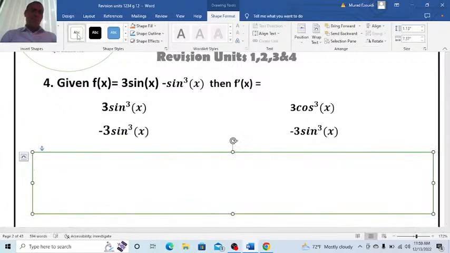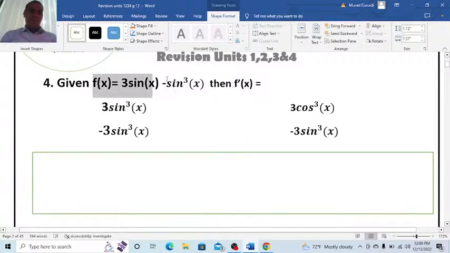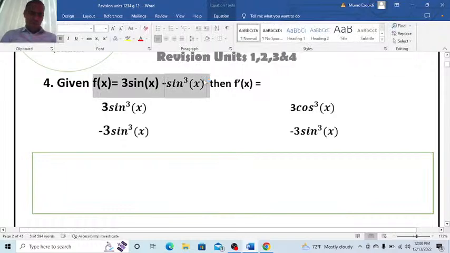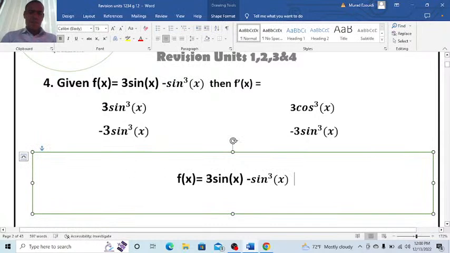Okay, and those who can't do this question, it's better also to do it again and to think of the question. It's not difficult and it is not easy at the same time. So f of x is 3 sine of x minus sine to the power 3 of x.